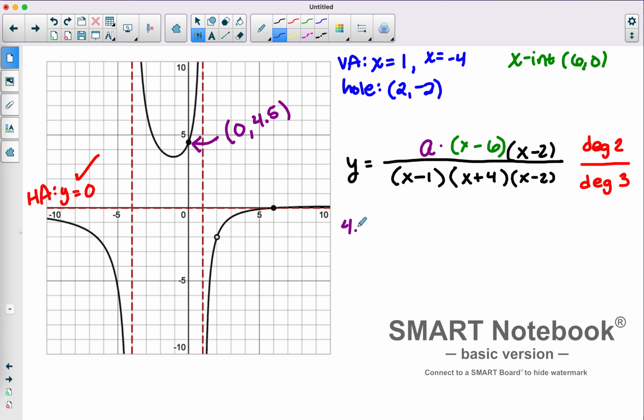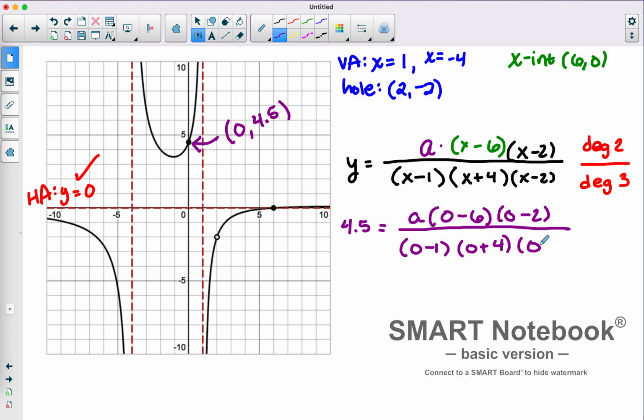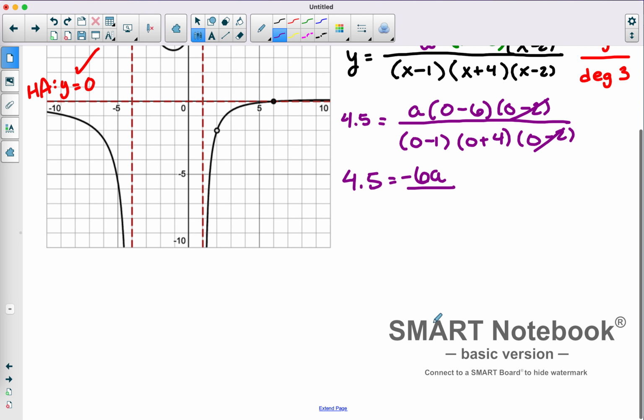So if I plug in 4.5 for my y value, and x is 0, we don't actually need the hole, but we can include it, or we can reduce it down. On top we have a negative 6a, and in the denominator we would have negative 4.